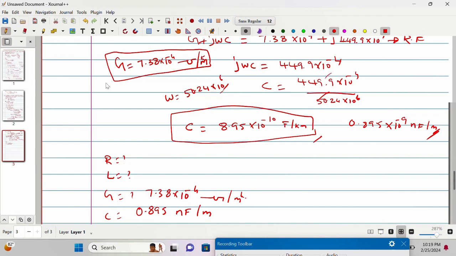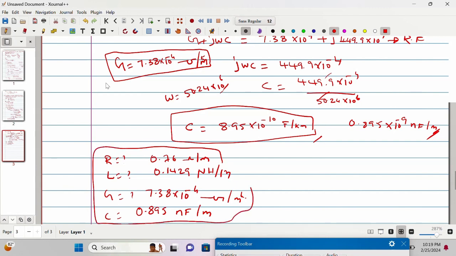The L value is 0.1429 microhenry per meter, and the R value is 0.76 ohms per kilometer. These are the very important parameters we solved. We took the primary constants from the given data. These all belong to the primary constants R, L, G and C.